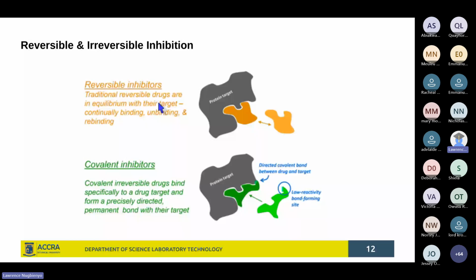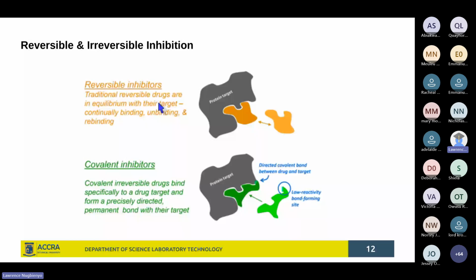This you see in situations of maybe toxic substances that can bind onto proteins to form some protein adducts, or which can result in binding to some enzymes like acetylcholine esterase, which will result in some paralysis.